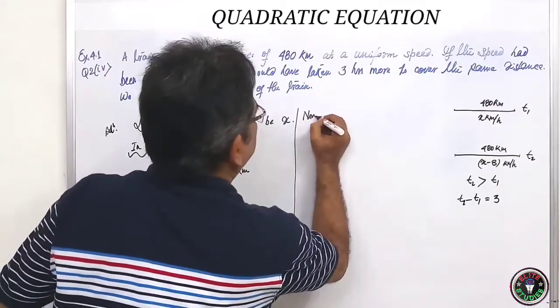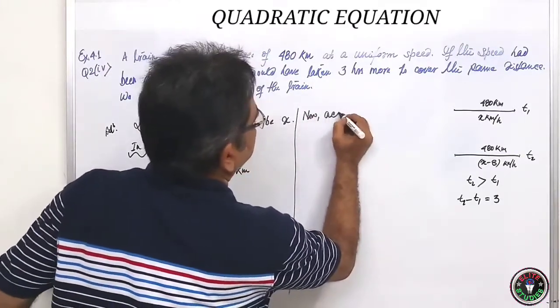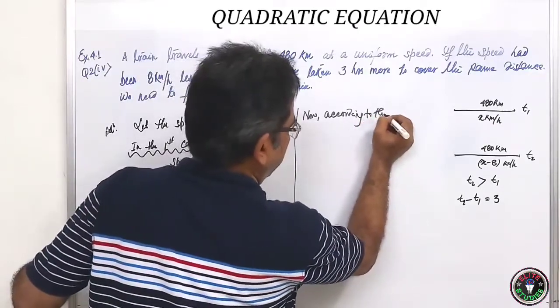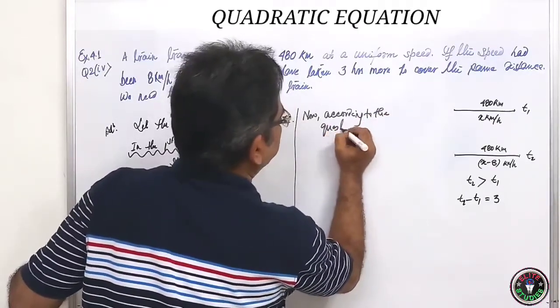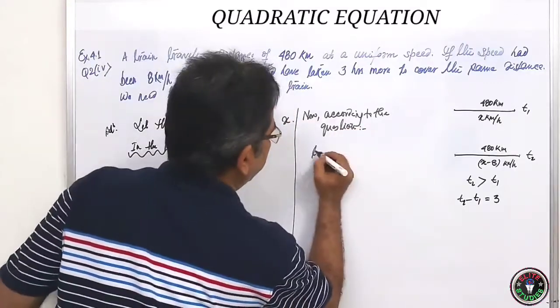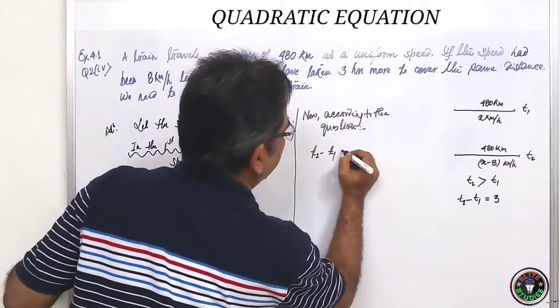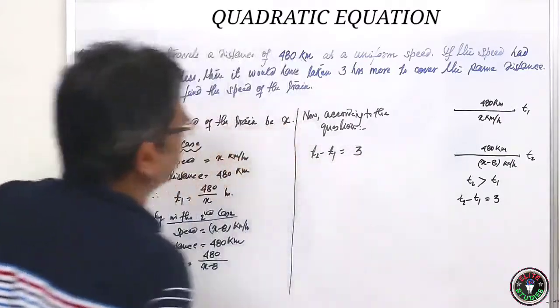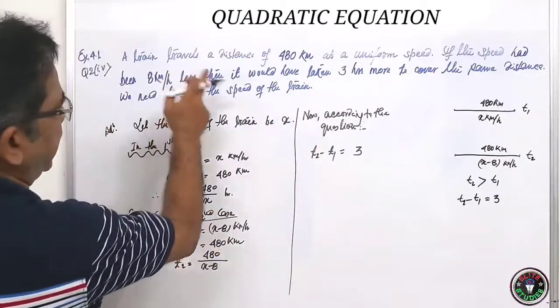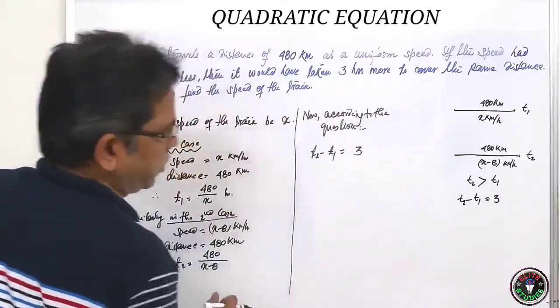Now, according to the question, we have t2 minus t1 is equal to 3. If the speed had been 8 km per hour less, then it would have taken 3 hours more.